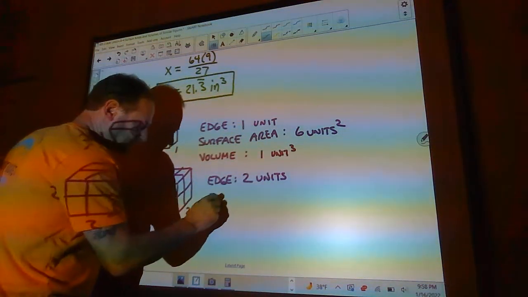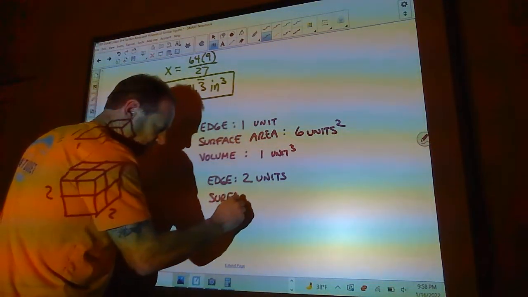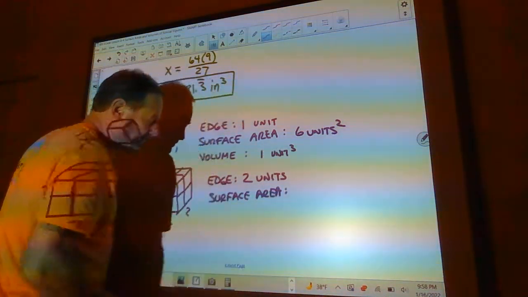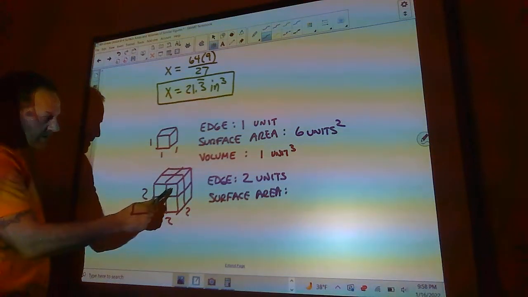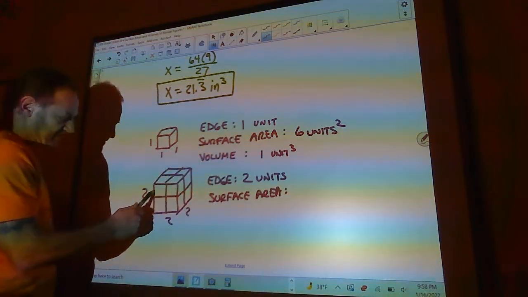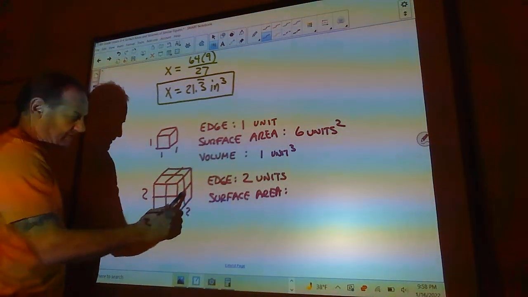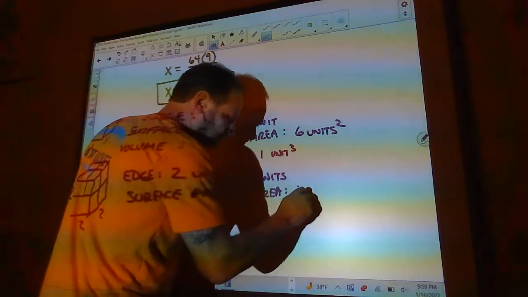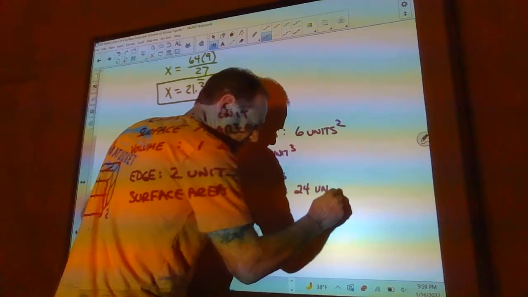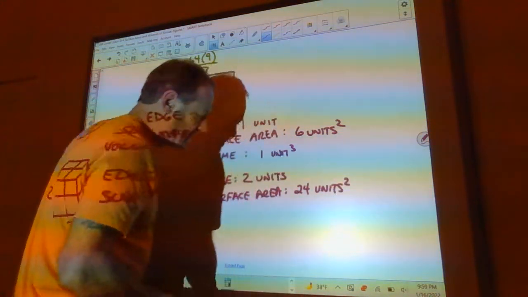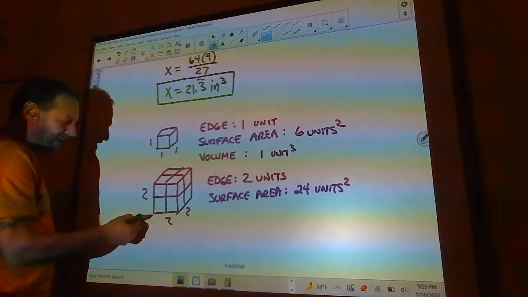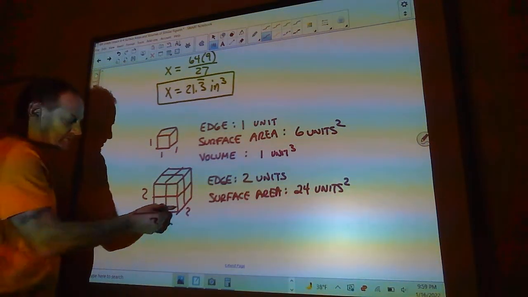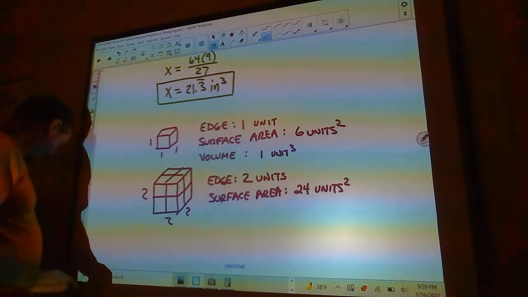Okay, what happened to its surface area? Well, its surface area didn't get twice as big because the surface area was 6. This side is 4. This side is 4. There's 6 sides, they're all 4. So 6 times 4 is 24. The surface area is now 24 square units. You got to remember, it doubled this way and it doubled this way. So 2 times 2 is 4.